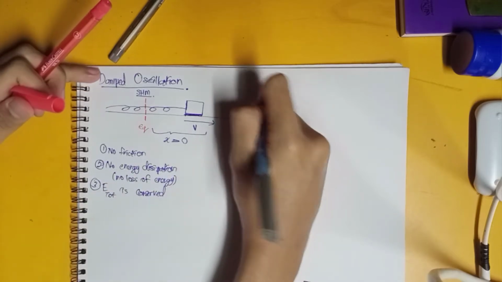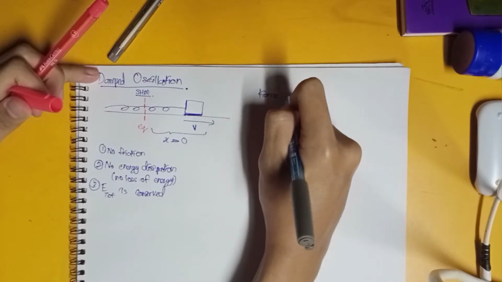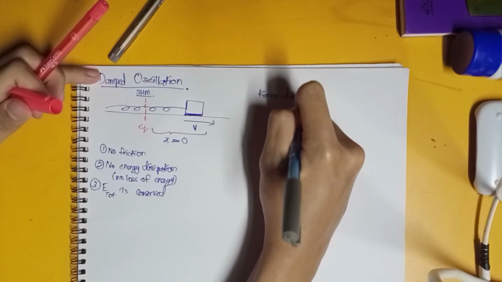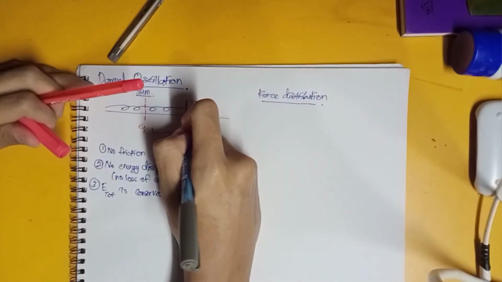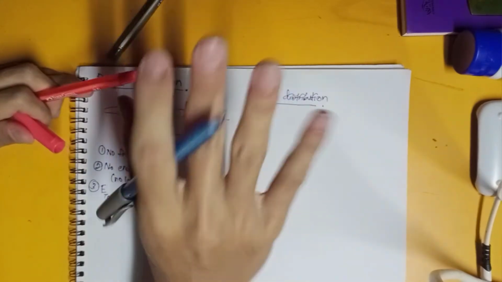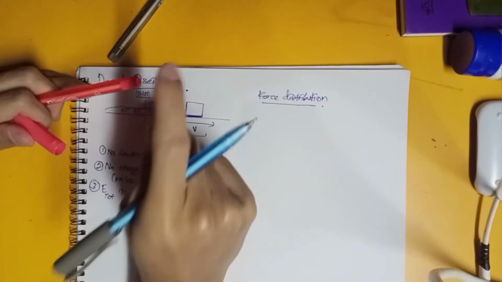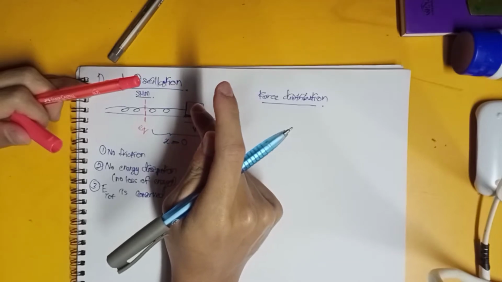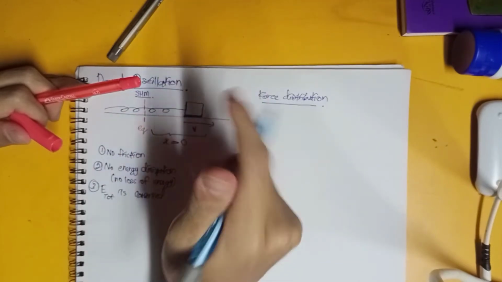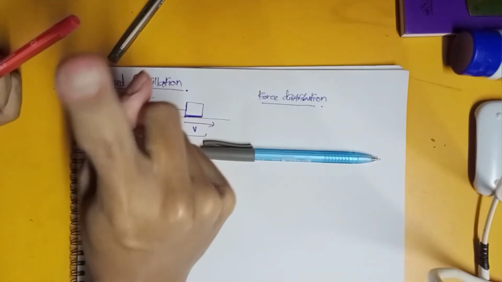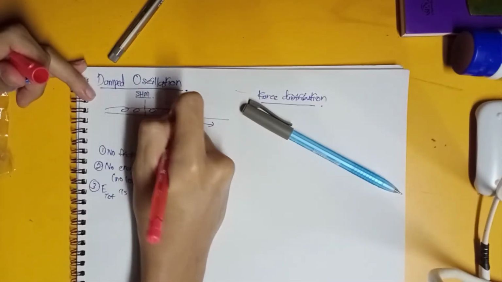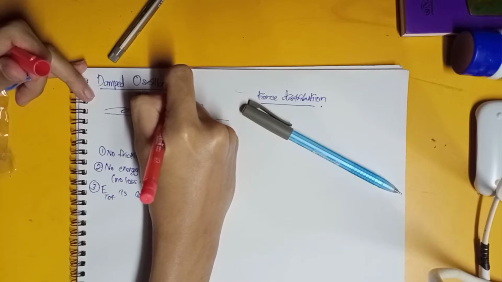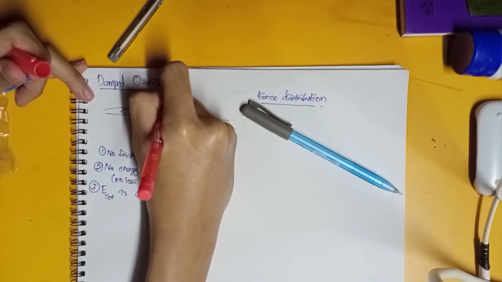So let's look at the force distribution of the system. In simple harmonic motion, remember that there is no friction or resistance acting on the system. So the only force acting on the system is what we call the restoring force of the spring, which is Fs.